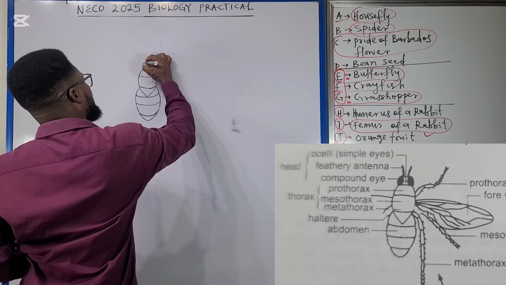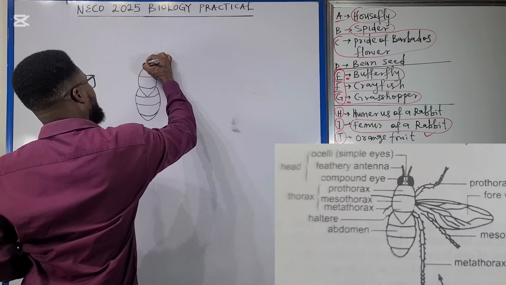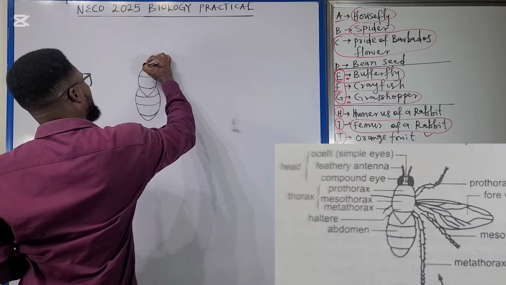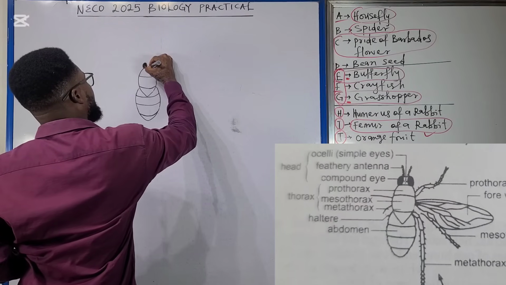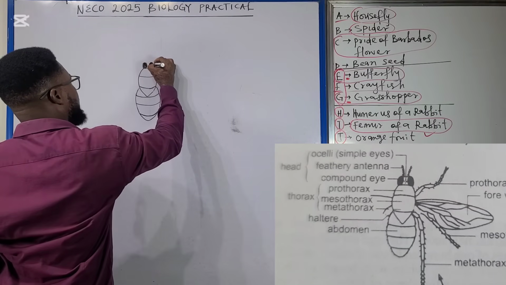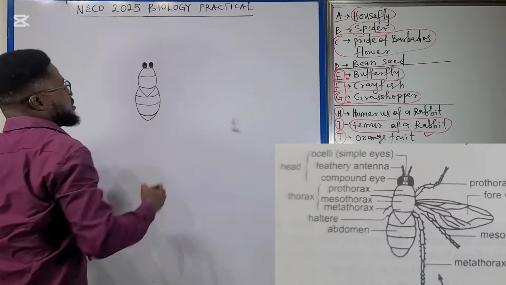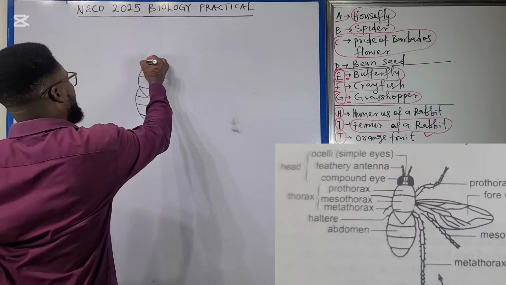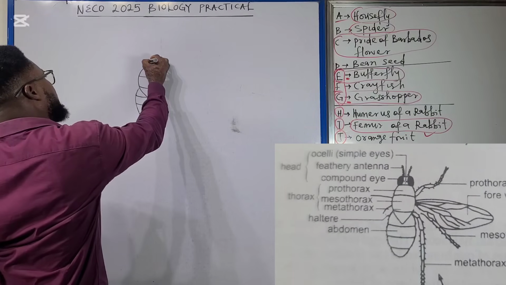Yes, some will argue we don't shade in biology. No, not for the eye. This is the eye, you know. Then you have the compound eye. It's beginning to take shape. You then have the compound eye. You close it up.